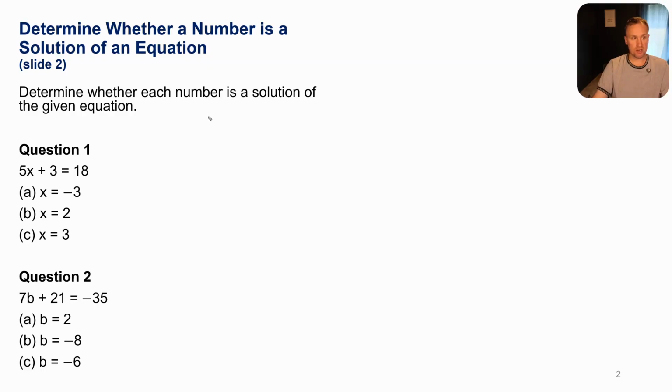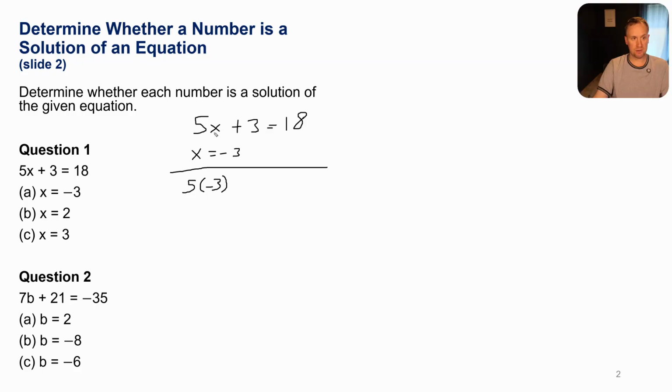So starting with question number 1, we have 5x plus 3 equals 18. And for this first one, we're going to see, does x equal -3? Does that satisfy this equation? So we take the x variable out, and I'm going to put a -3 into its place.